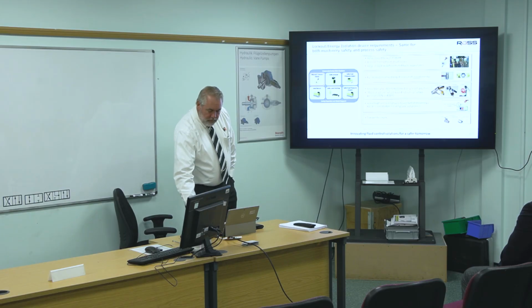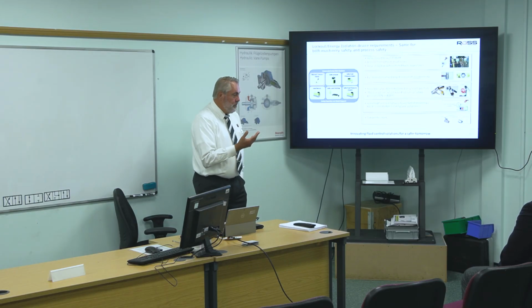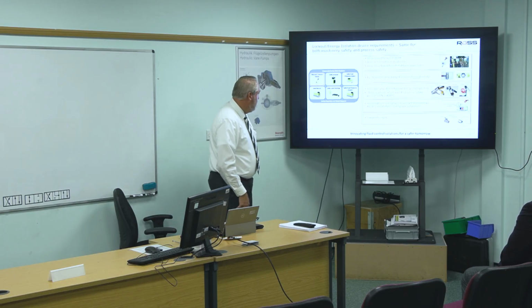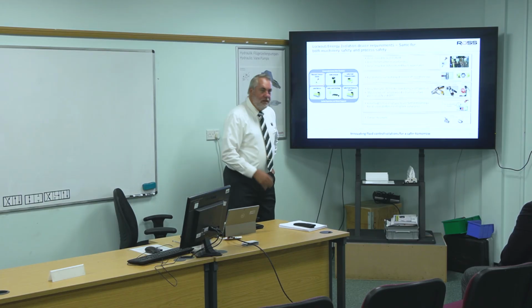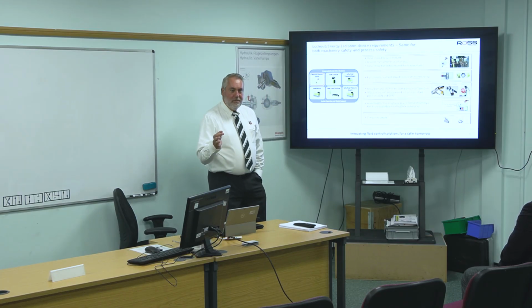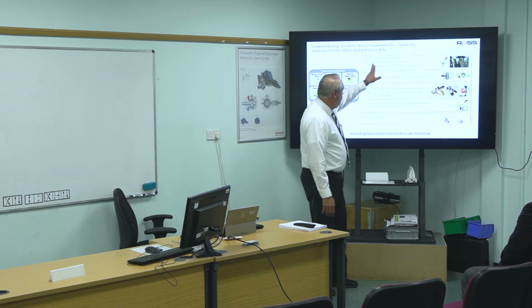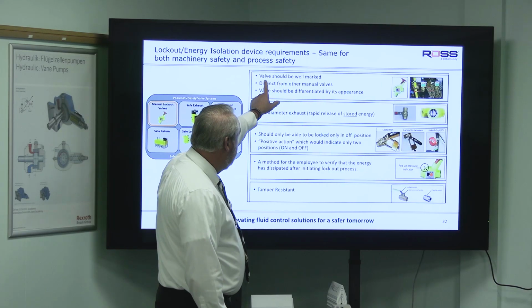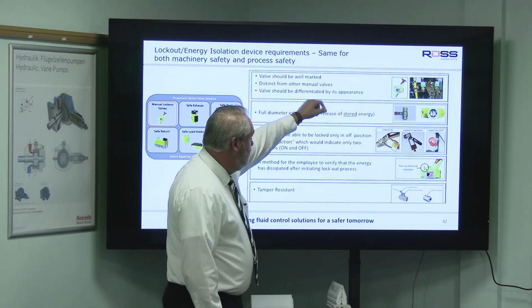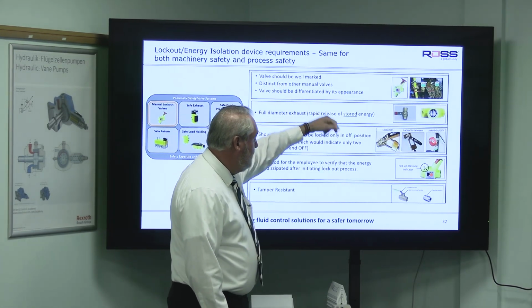Okay. And then there's one thing that's common to both the process industry and machine industry, and it's lockout. And I'm going to tell you this right now. 90% of the lockout I see in industry is wrong. And the reason, it says that the lockout valve should be well marked or distinct from other manual valves.